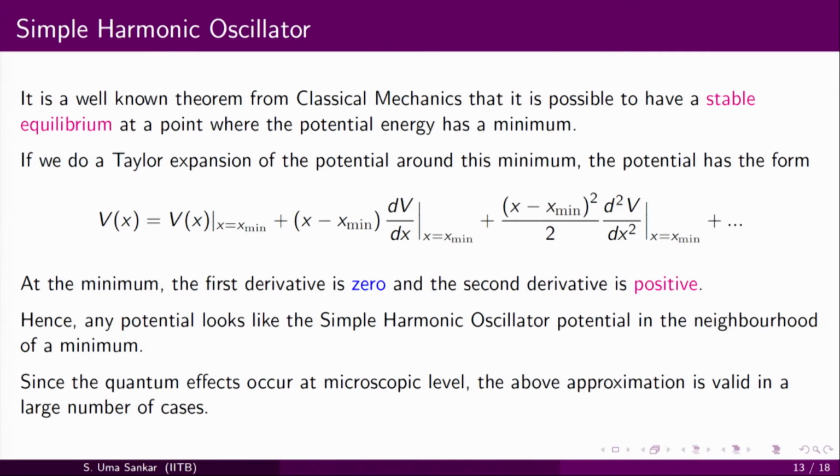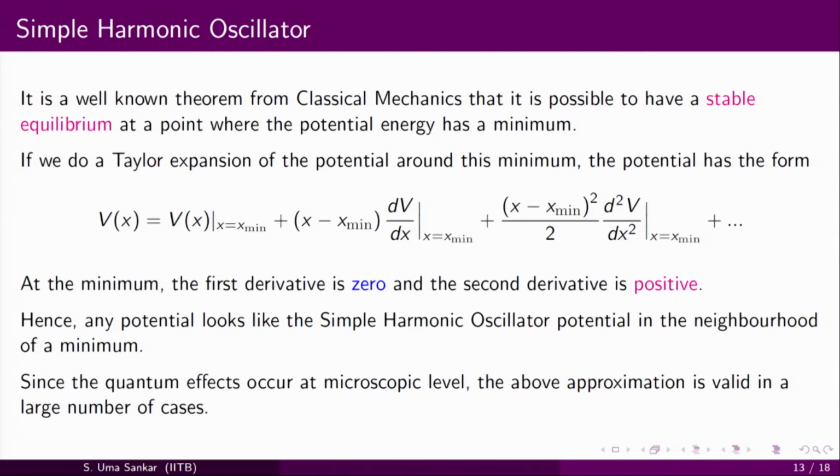And this is a very famous theorem from classical mechanics, that a system will be in stable equilibrium if it is at a potential minimum, whereas if it is at a potential maximum, then it is an unstable equilibrium.